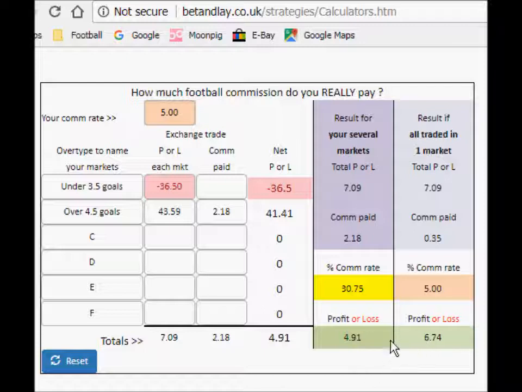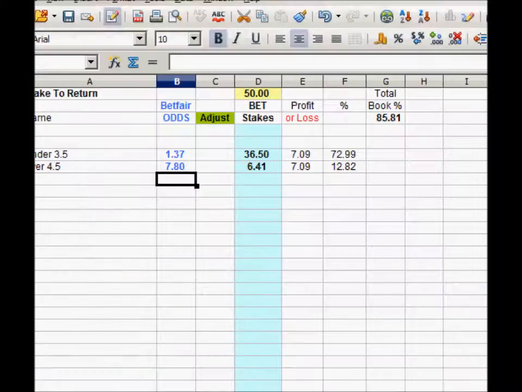Now as a check of that, if we set our commission rate to 0 there, we can see that we finish up with 7.09 profit there if we did it all in one market, and we can check that against our Dutching sheet. Look there, 7.09 profit if one of those hit the winner.